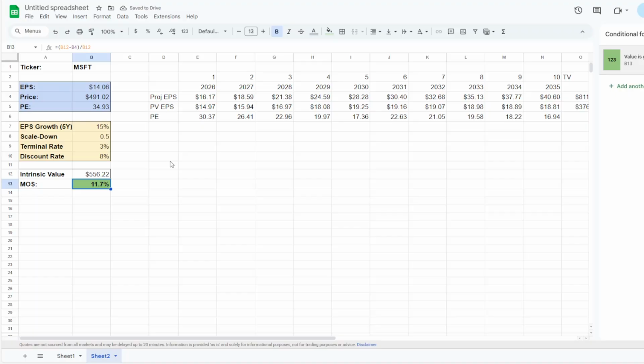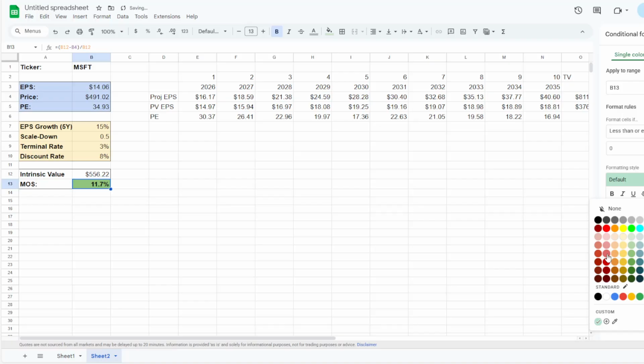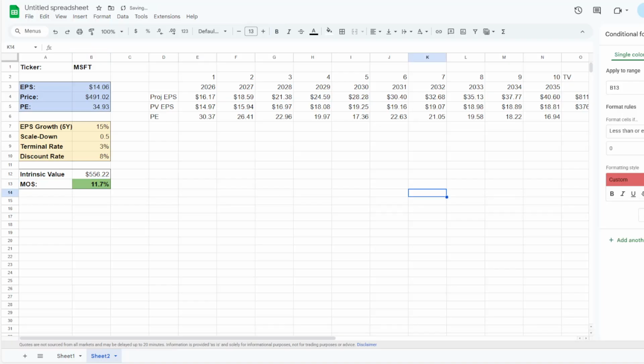Okay. Now that handles if it's positive. If it's negative, we're going to add another rule. So I'm going to click on that cell, add another rule, and I'm going to say if this cell is less than or equal to 0, we are going to make it this light red. Oh, we'll also make it boldface type too in that case.